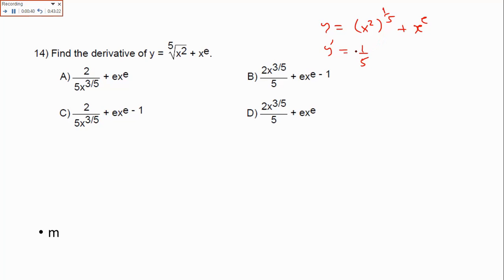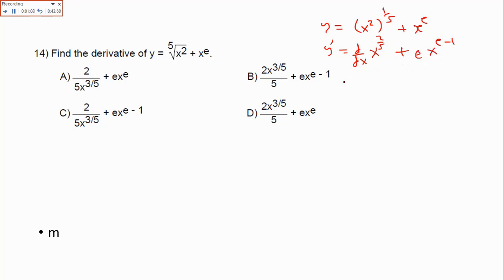Let me do it step by step. I will have to do the derivative of x to the power 2 over 5, right? So the derivative of x to the power 2 over 5 with respect to x, plus over here, the derivative of this is e times x to the power e minus 1, right?